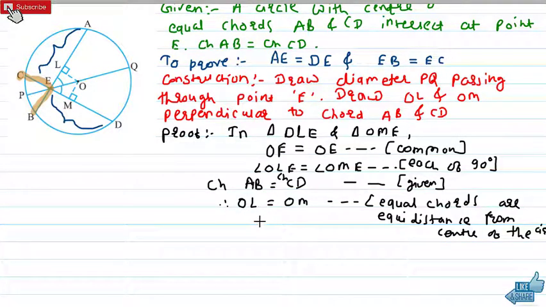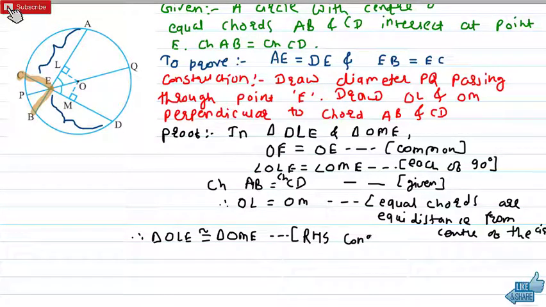Now these are equal, so if you observe, one side is equal, the hypotenuse is equal, and the angles are of 90 degrees. Therefore triangle OLE is congruent with triangle OME, and the reason behind it is the RHS congruency rule.